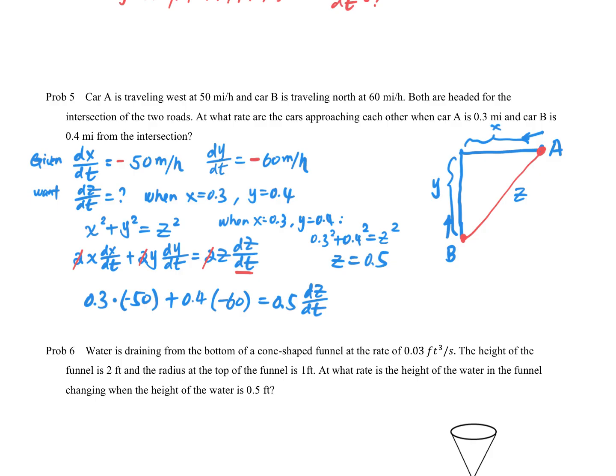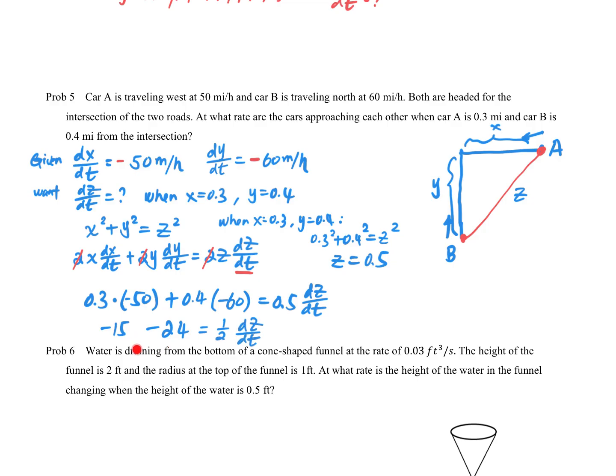And so this is negative 15 plus this is negative 24, so basically minus 24, equals 0.5 is 1/2, right? Times dz/dt.